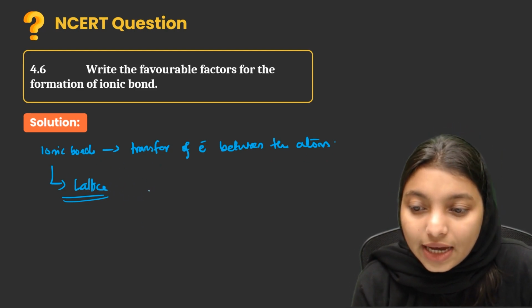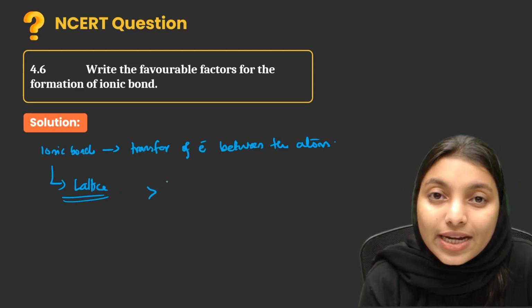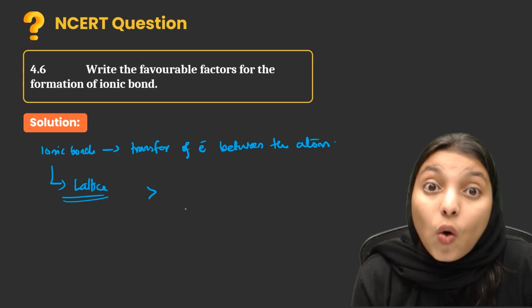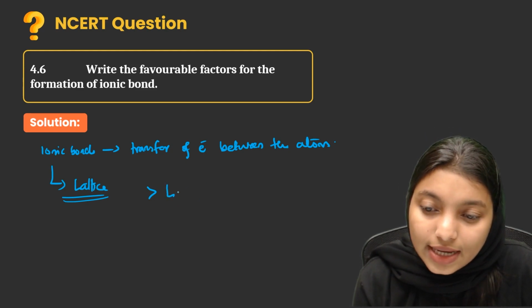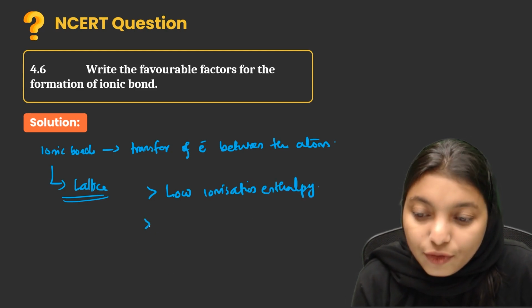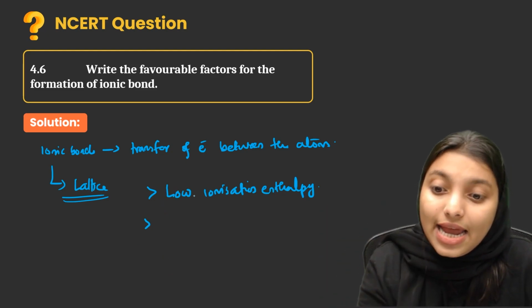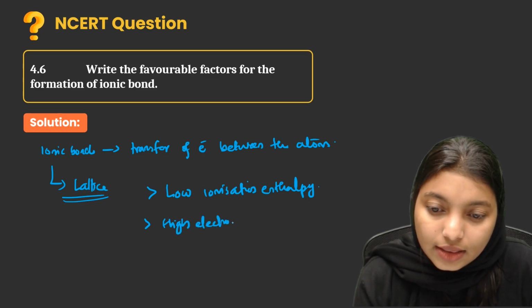For losing an electron, the amount of energy required to lose an electron is the ionization enthalpy. That energy must be low so that the atom can lose its electron easily. So the metal, or the positive ion, must have low ionization enthalpy. For gaining an electron, the electron gain enthalpy must be more negative, a high electron gain enthalpy.